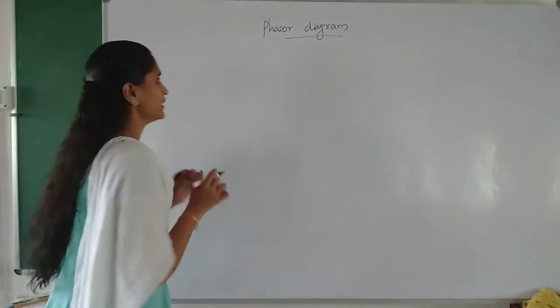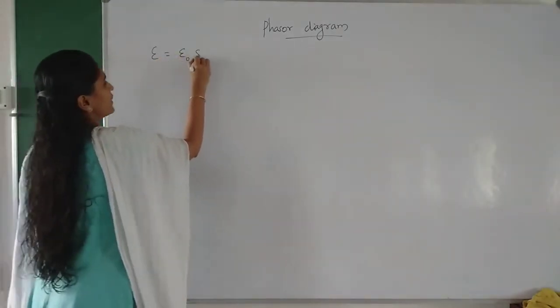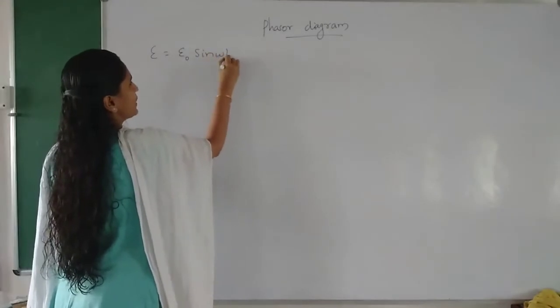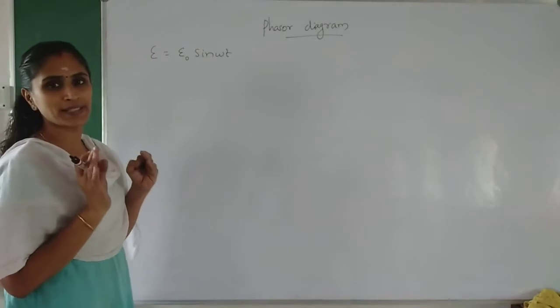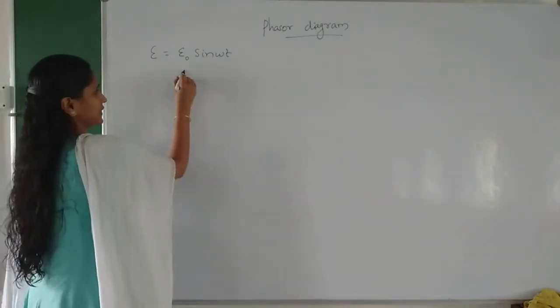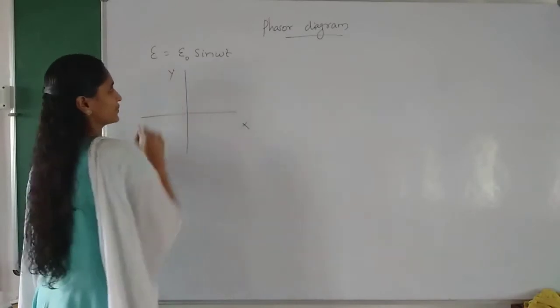For example, we know that EMF, or voltage, is given by E0 sin omega t. This is how we can represent it in a phasor diagram. So here X and Y coordinates are there.